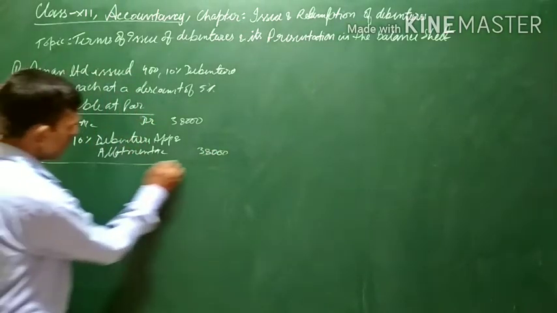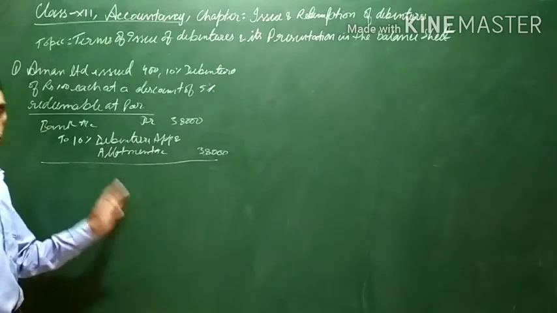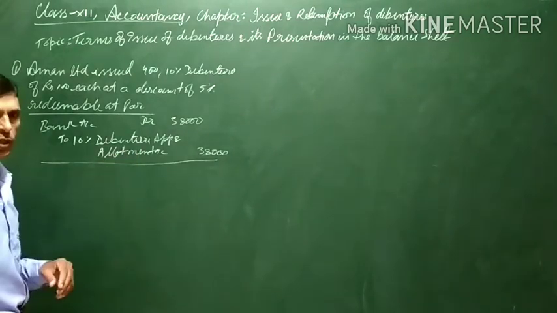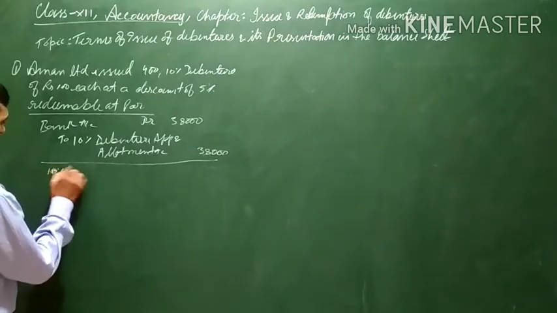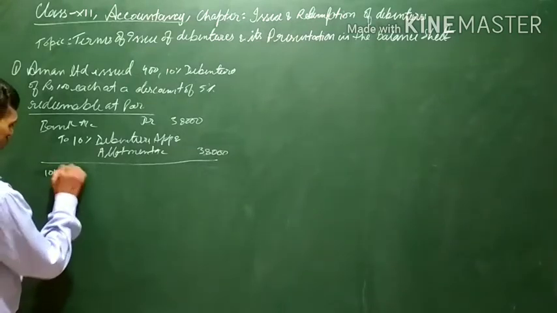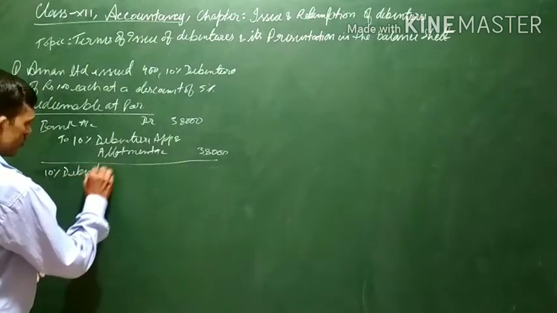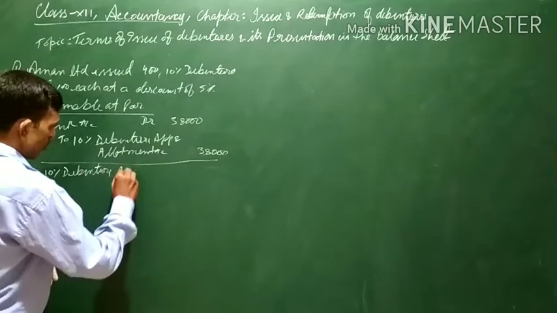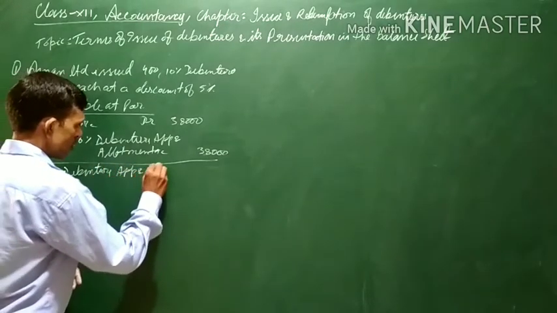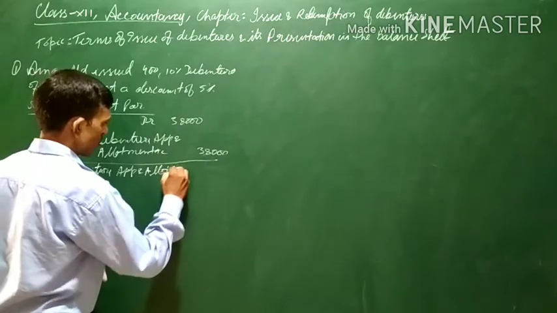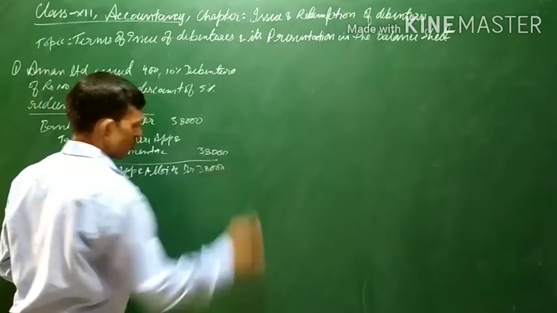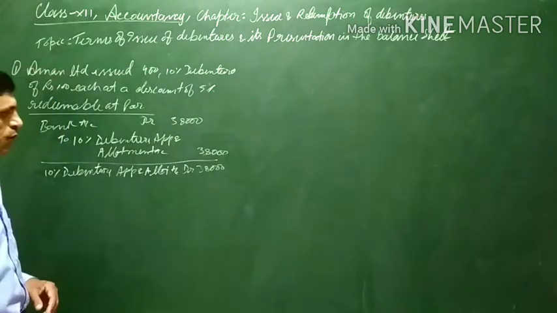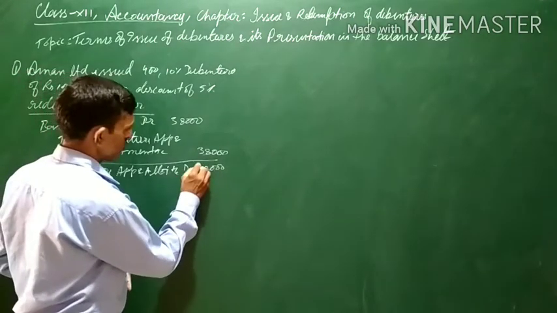Now the second entry will be the debenture application and allotment account. The money is transferred to the debenture account. Entry will be 10% debenture application and allotment account debit 38,000. Now these debentures are issued at a discount of 5%.